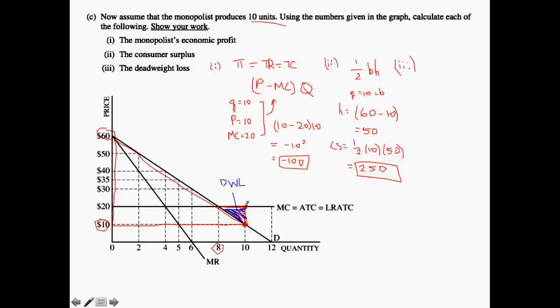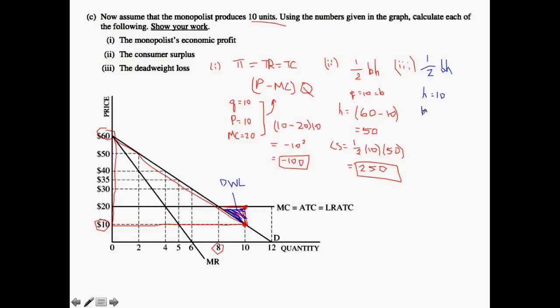So we need to calculate that, and that's again another right triangle, and therefore we can use the equation a half base times height. Here we know that the overall height is going to be 20 minus 10, so height is going to equal 10. And we know that the base is going to be the difference between the quantities, so 10 minus 8.